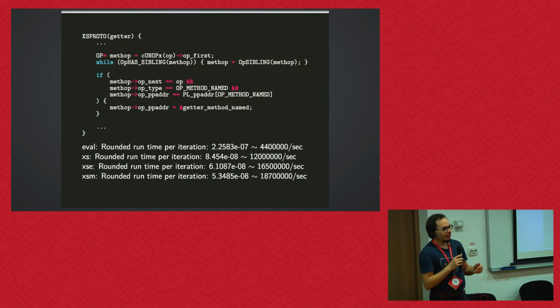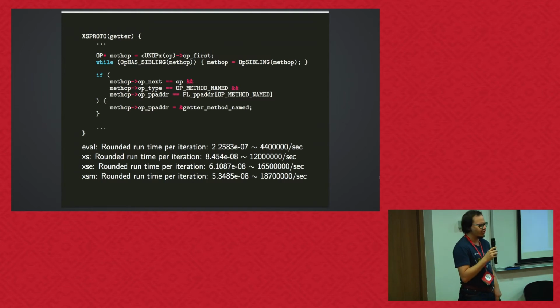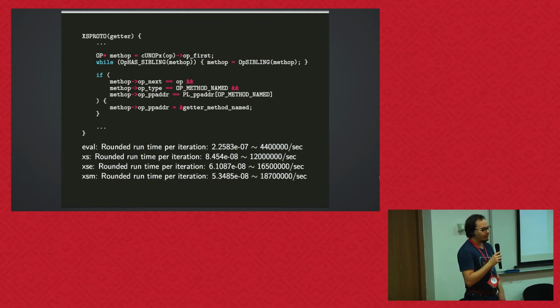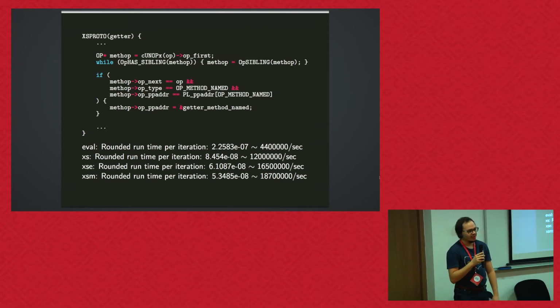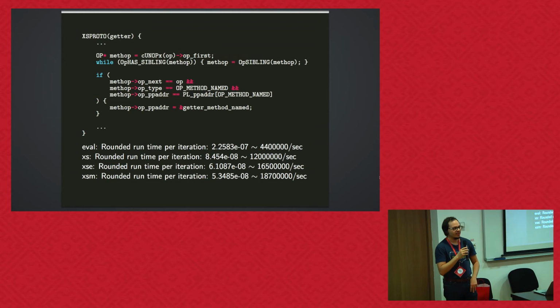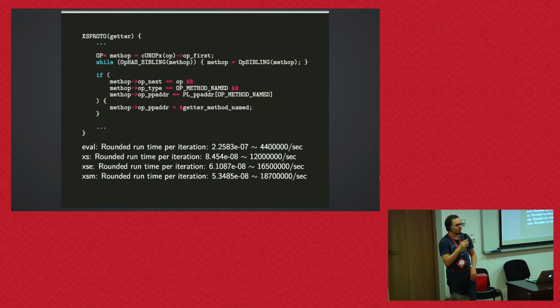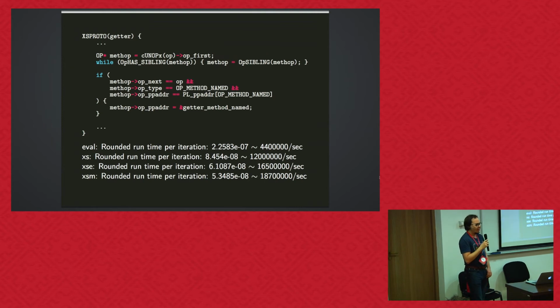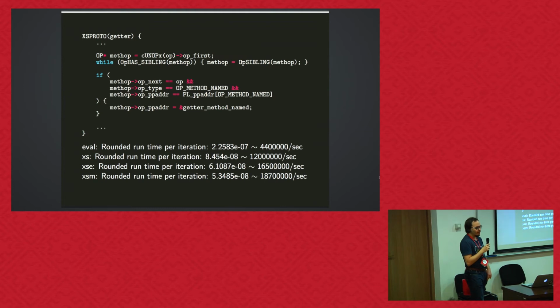And for those inherited accessors, when you are reading the parent itself, it's like 1 million iterations per second. And for grandchildren it's 5 times less, like 200,000 iterations per second. And it degrades quickly the larger your inheritance chain is. And for DBIx Class you have very large inheritance chains.